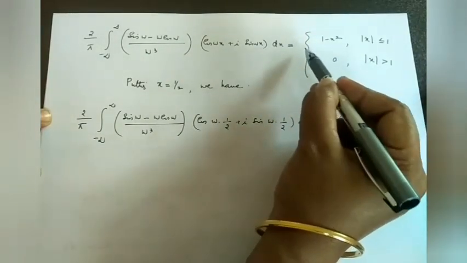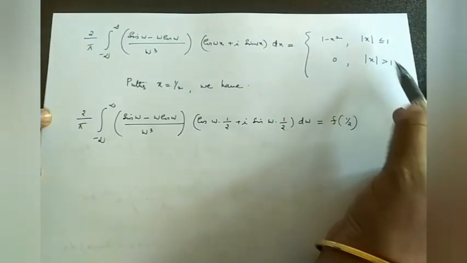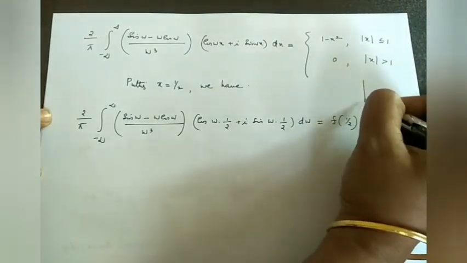This is the value of the function when x is equal to 1 by 2. When x is equal to 1 by 2, what is the value of this function?